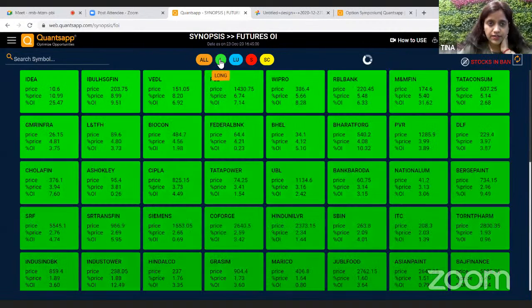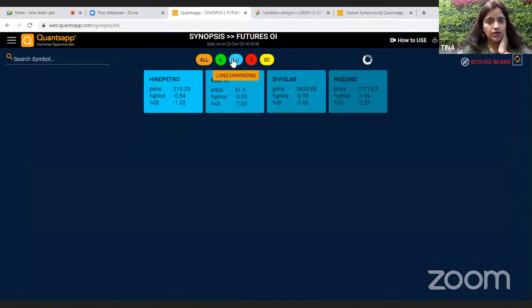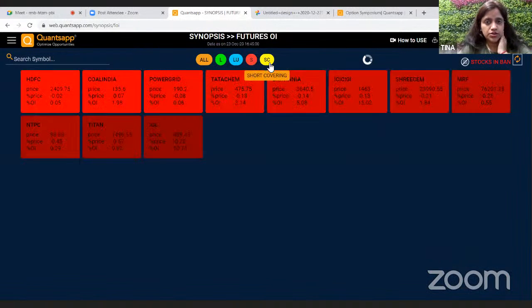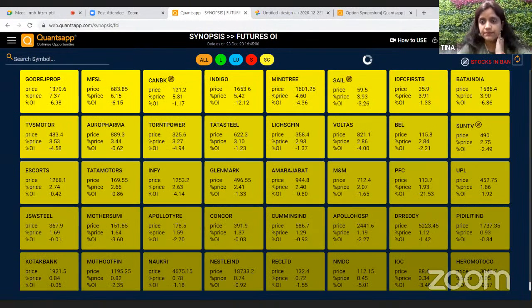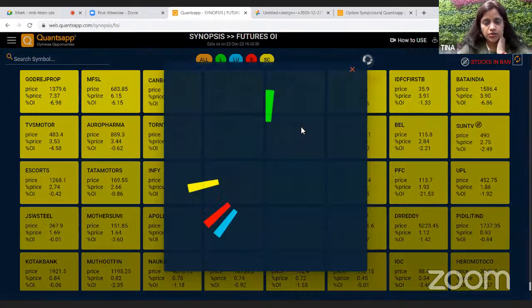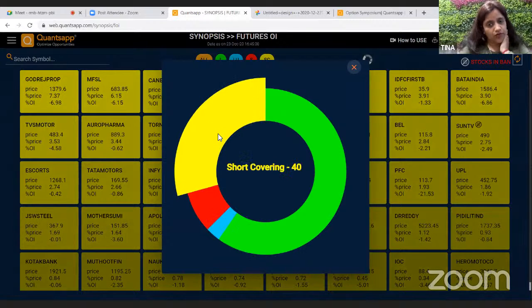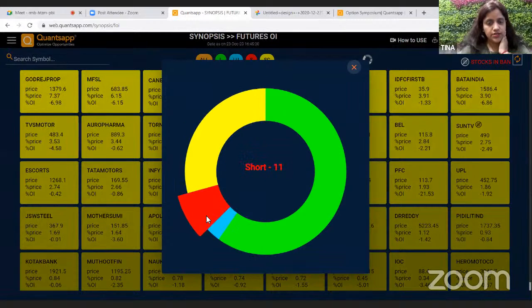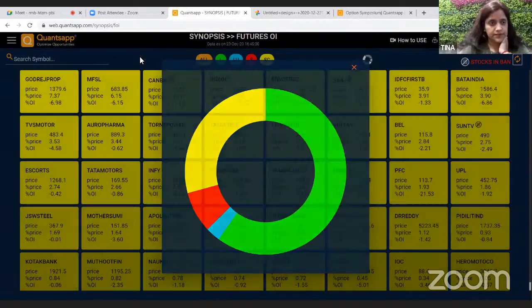You can click on it and filter. If I want to select only long unwinding and short covering, we can see the market map. In the pie chart, you have 82 longs and 40 short covering. The shorts were only 11 in today's market.